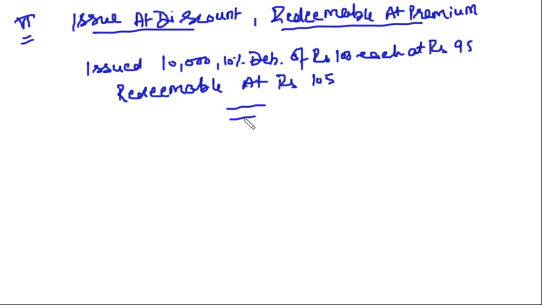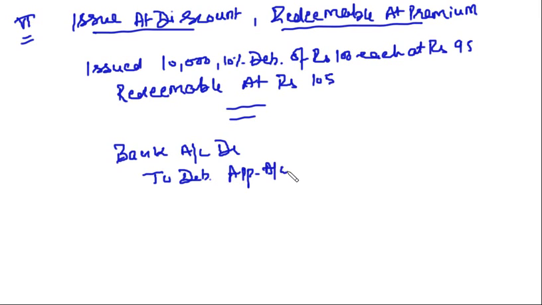Clear? Now, first issue: bank account debit to debenture application account. How much? 9,50,000, because we are issuing it at a discount.